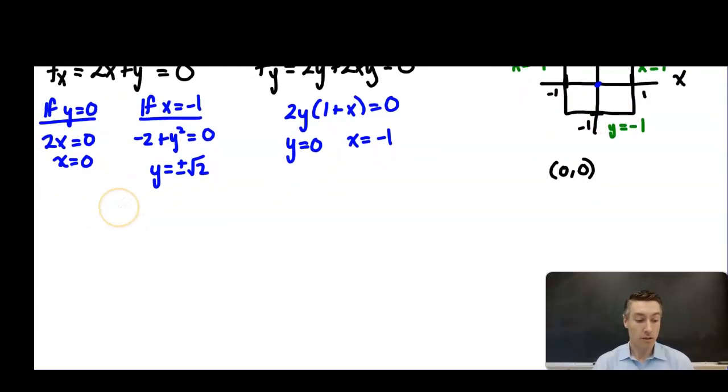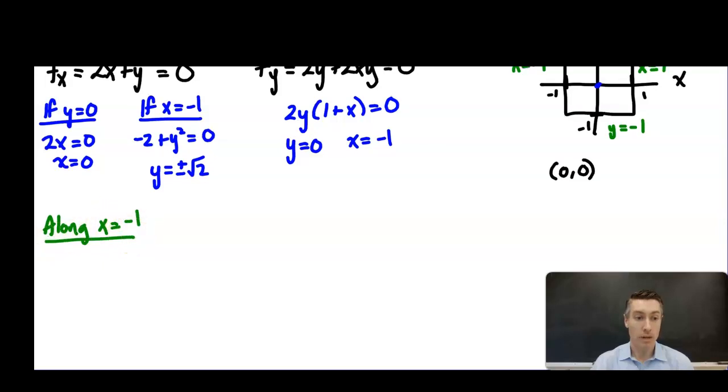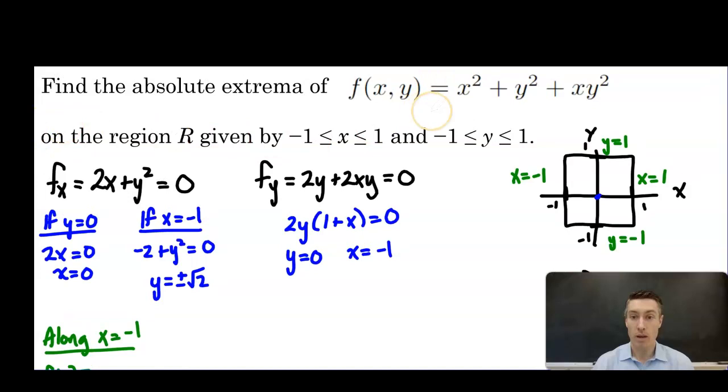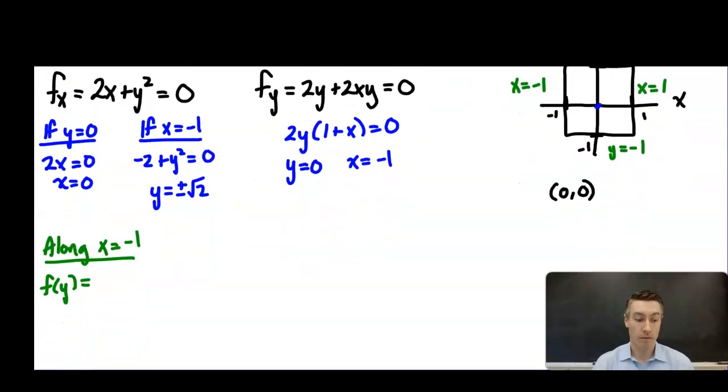Okay, so let's start with x equals negative 1, just because it's going to give us something unique, and we'll start our conversation there. So if x equals negative 1 rather, the function's going to be in terms of y, and if x is negative 1, we'd have 1 plus y squared minus y squared, which is just 1.